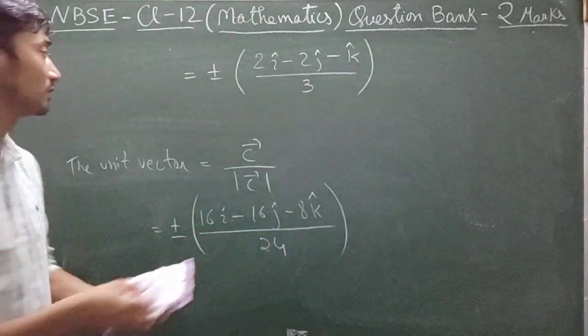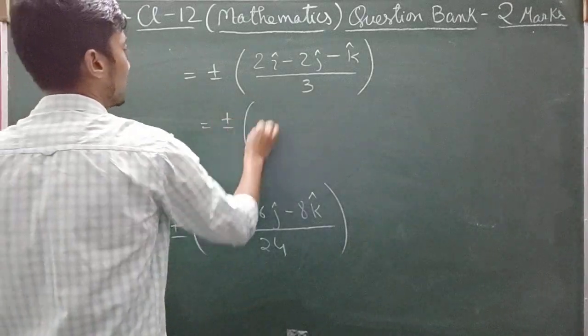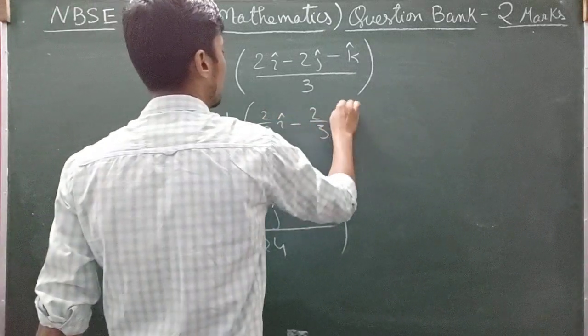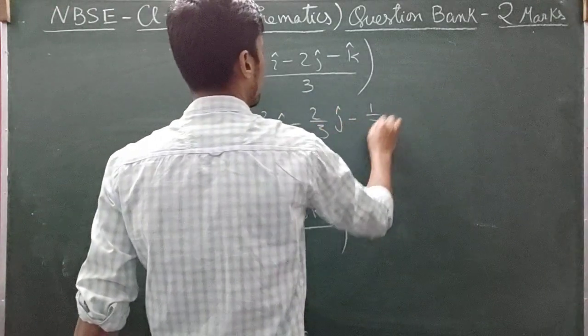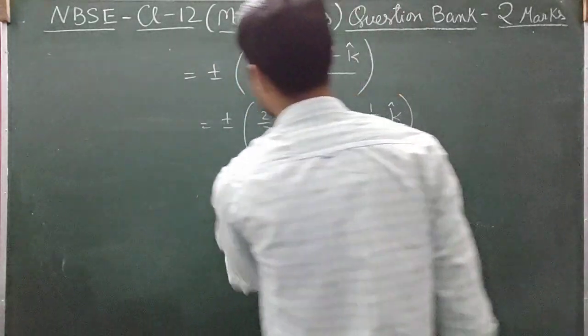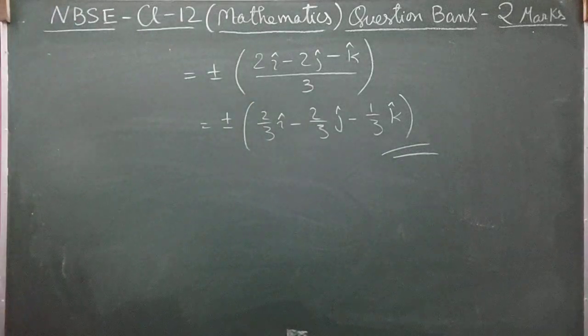So by taking 8 common, that, if you want to rewrite, can be written as plus minus 2 by 3i minus 2 by 3j minus 1 by 3k. That is enough. Okay, as it is given, 2 by 3i minus 2 by 3j minus 1 by 3k plus or minus. Alright? Okay, so that's it.